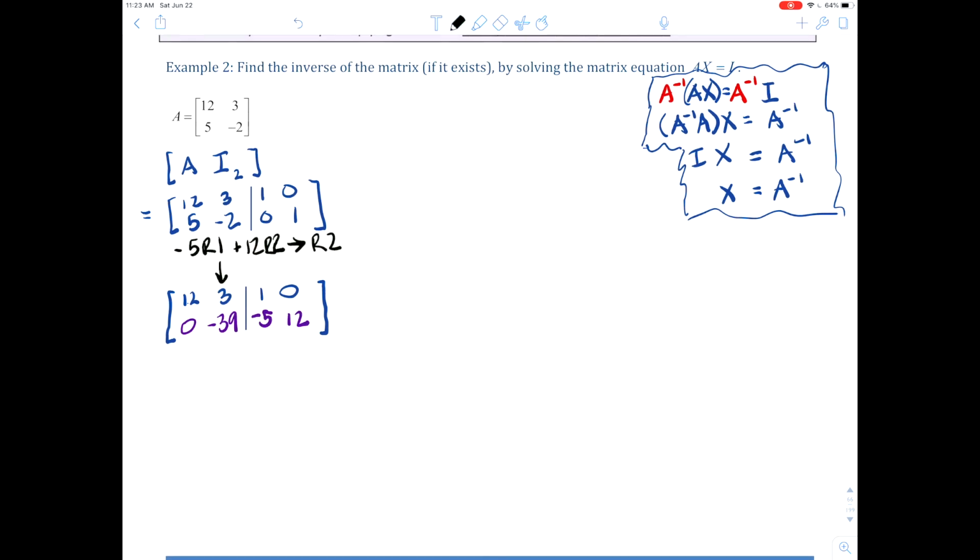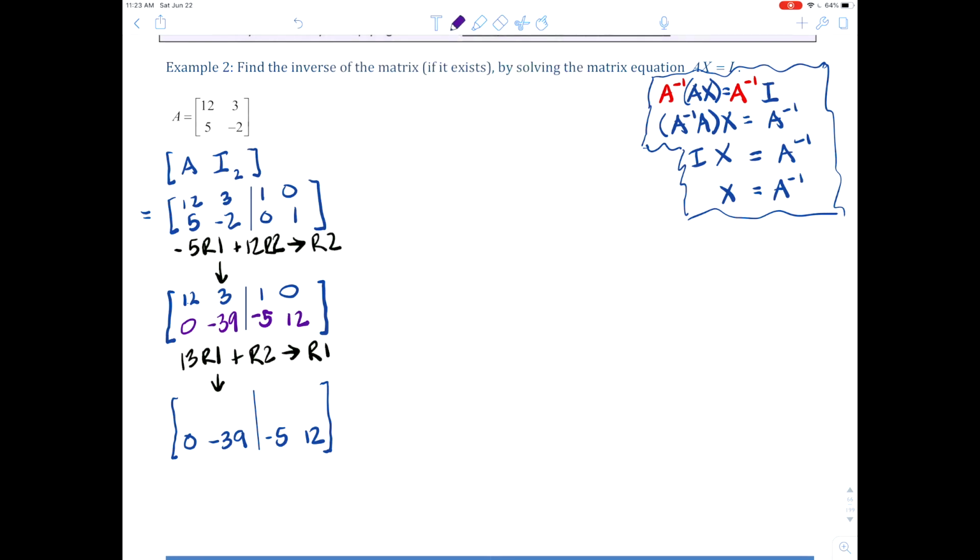So next up, what do you think we need to do? Well, we need to get rid of the 3 that is in the first row, second column, correct? So to do so, we could do 13 row 1, plus row 2 for a new row 1 this time. All right? So we're going to rewrite our row 2 so we keep track of it and don't change it.